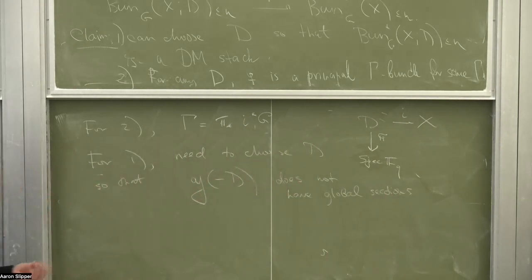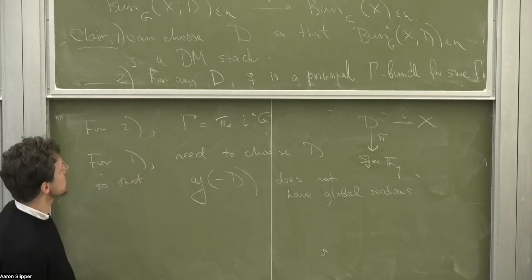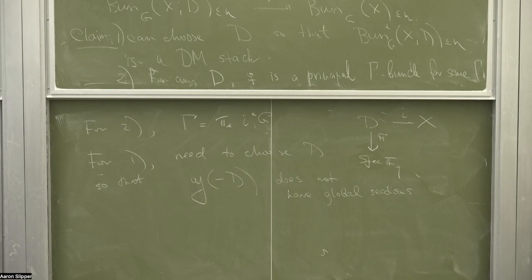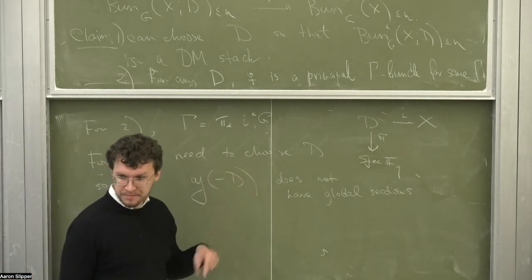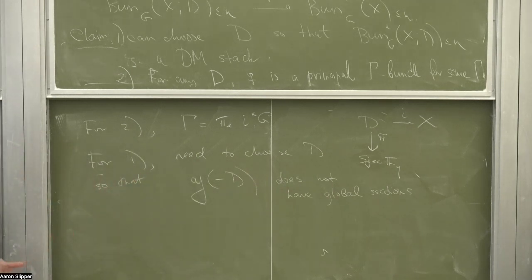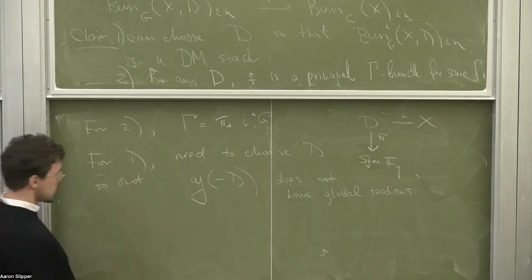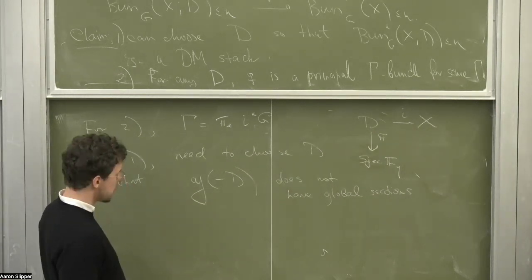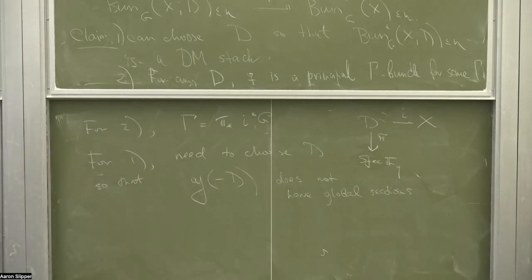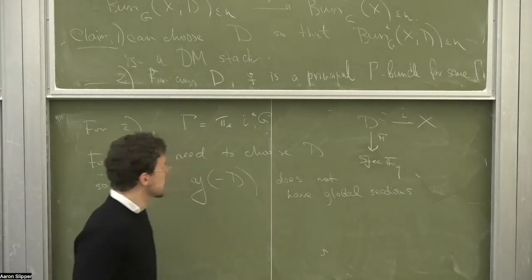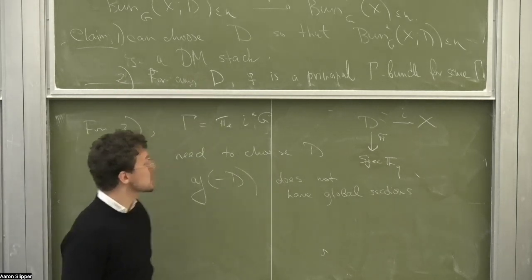And the way it helps is that if you take any bundle with a level structure on D, you consider the automorphism group, and then this condition implies that the automorphism group has trivial tangent complex, and therefore the group of automorphisms of this bundle is non-effective. And this is the way you prove this.